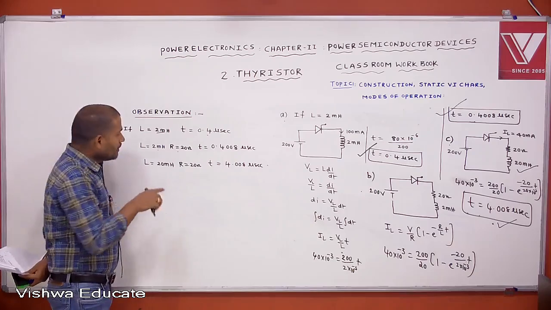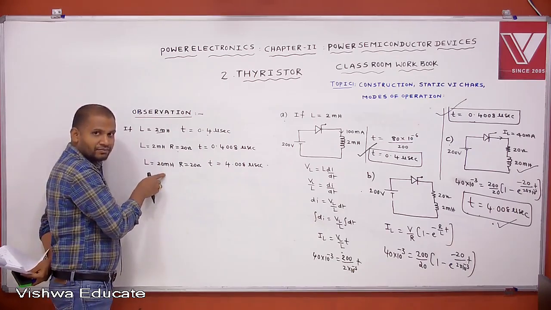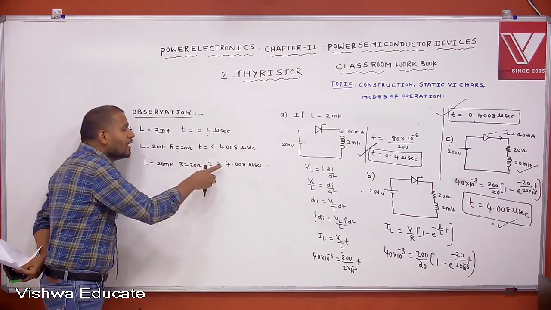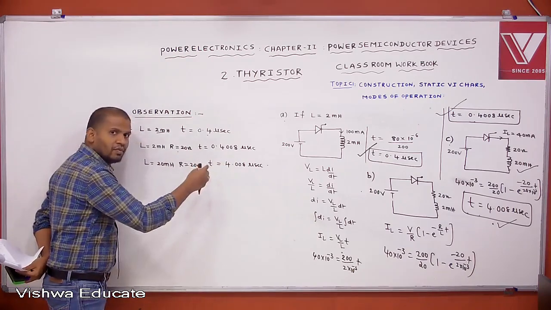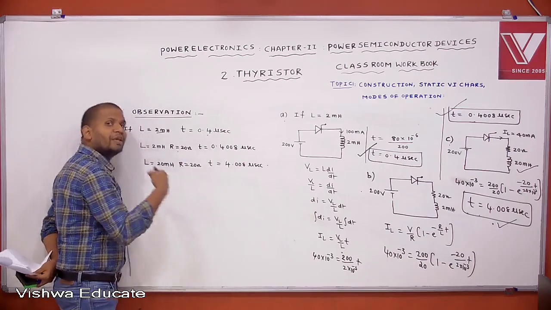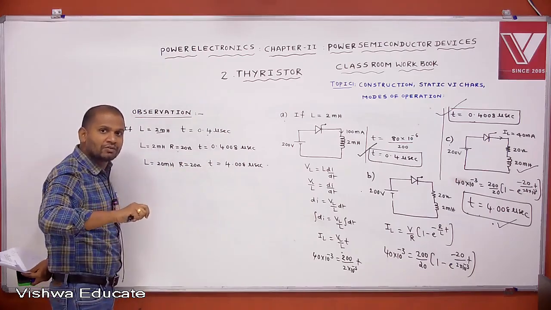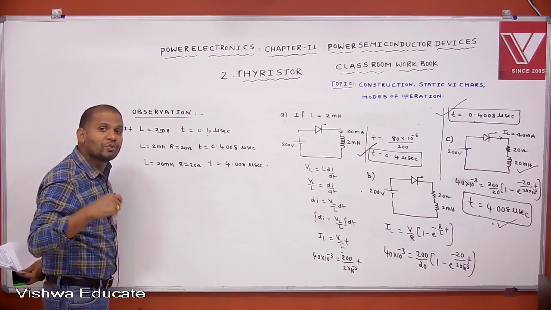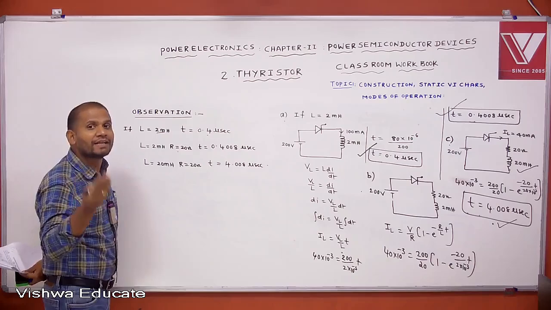The inductance effect is there. That's why if the inductance increases, the gate on time for reliable turn on must increase. That means the gate must be connected for more time.